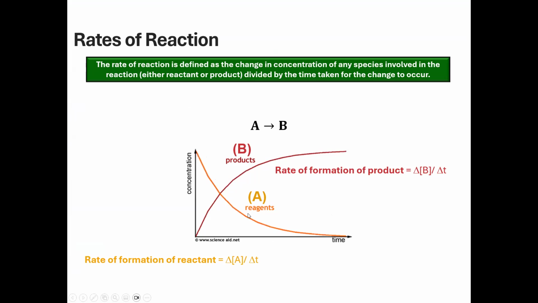At the end of the reaction we should have nearly zero concentration of our reagents left over, which is expected because our products are forming at the same time. So our B there will start increasing over time up until a certain point where we can't form any more B because we've run out of our reagents.